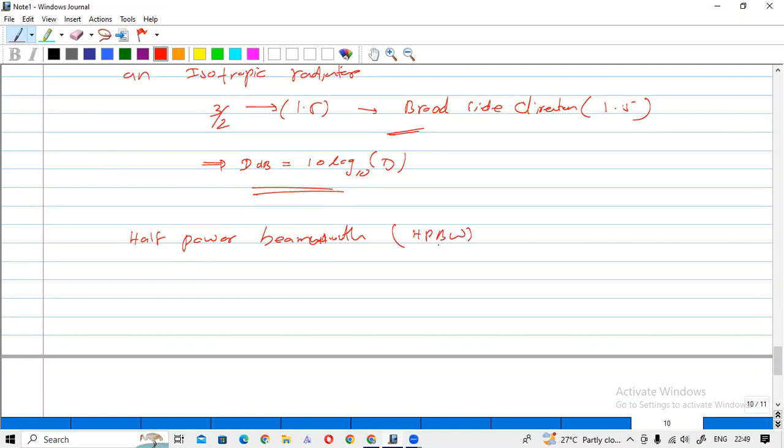Half power beam width is the angle between two half power points in the radiation intensity pattern.